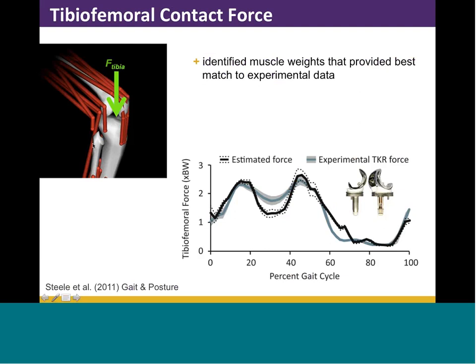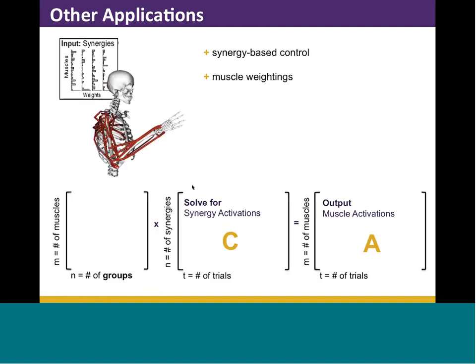Since we know that muscle activity around the knee is a big driver of these tibiofemoral contact forces, we looked at how weighting different muscles like the hamstring, the gastroc, or the quadriceps had an impact on that estimated force and how that related to the experimental TKR force. In this original paper, we hard-coded those weights into the OpenSim source code, but you could apply this similar framework using the Synergy optimization plugin as well.